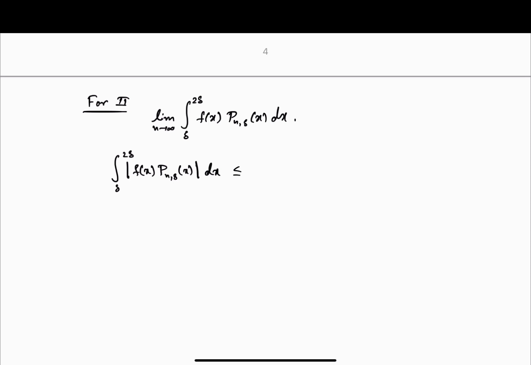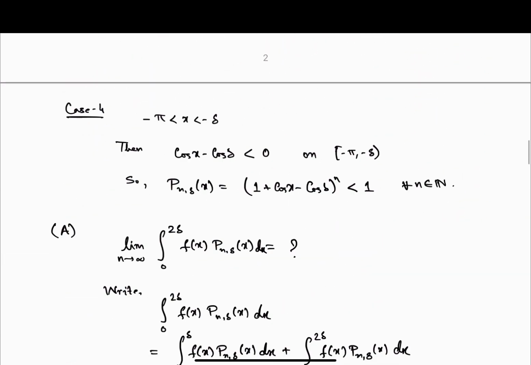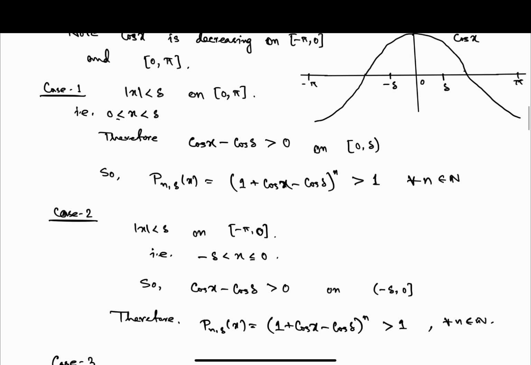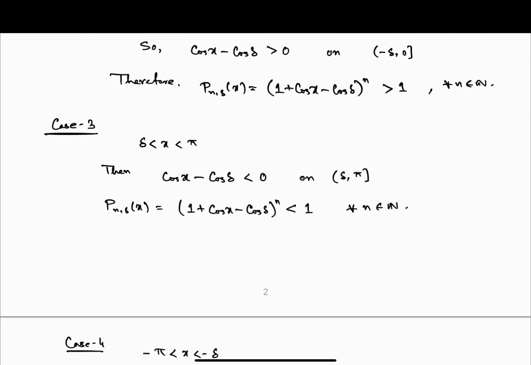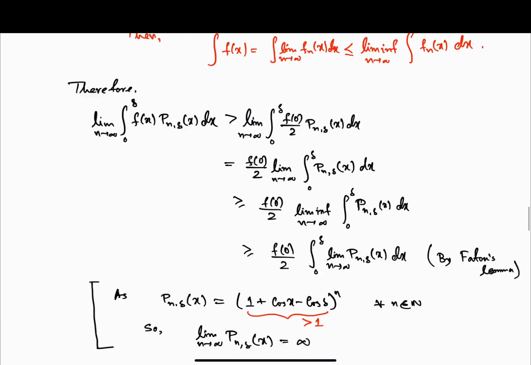Then this is less than, because note that f is continuous, so f is bounded, as we said earlier, the integral of mod of f(x) times p_n,delta(x) dx, which is c times... and what is p_n,delta? For delta to 2 delta, basically this is case 3, where p_n,delta is less than 1. So use this one.